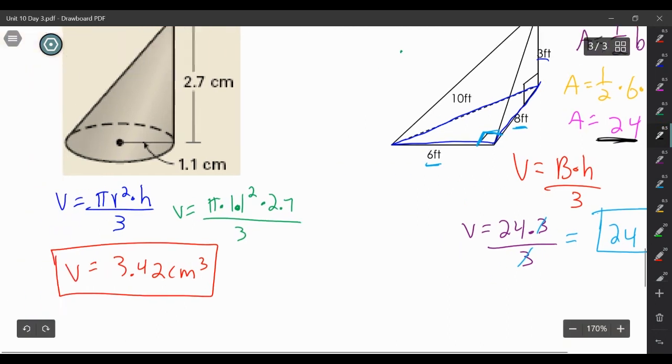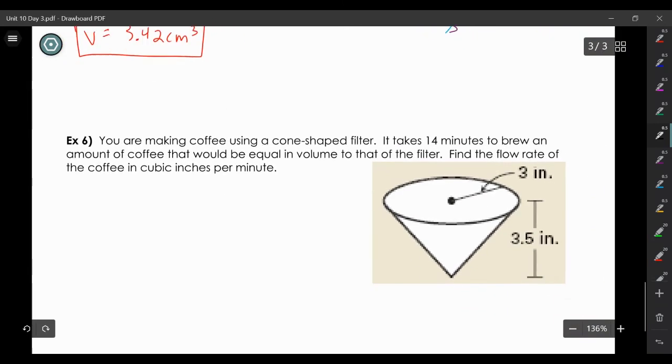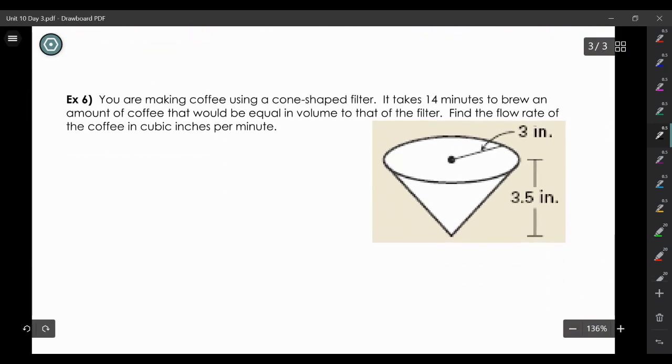Then the last example says you are making coffee using a cone-shaped filter. It takes 14 minutes to brew an amount of coffee that would be equal to the volume of the filter. So what that's saying is that the whole filter here is filled up with coffee, and it would take 14 minutes. Find the flow rate of the coffee in cubic inches per minute.